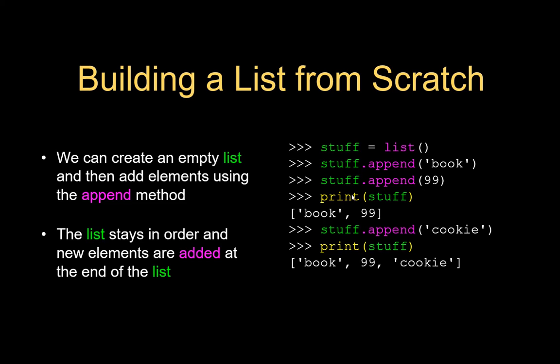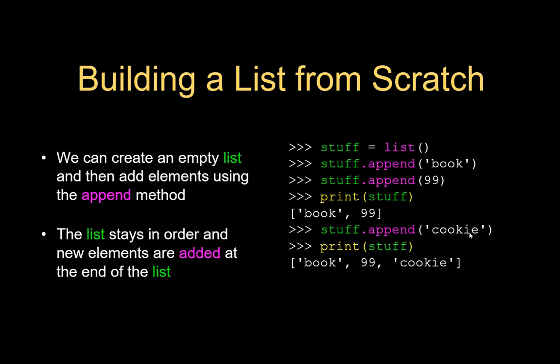When we print stuff, we have book and 99 in it. So this is how we use the list function. This is a special word in Python. We create the list, we append book and 99, and this is going to be our output.